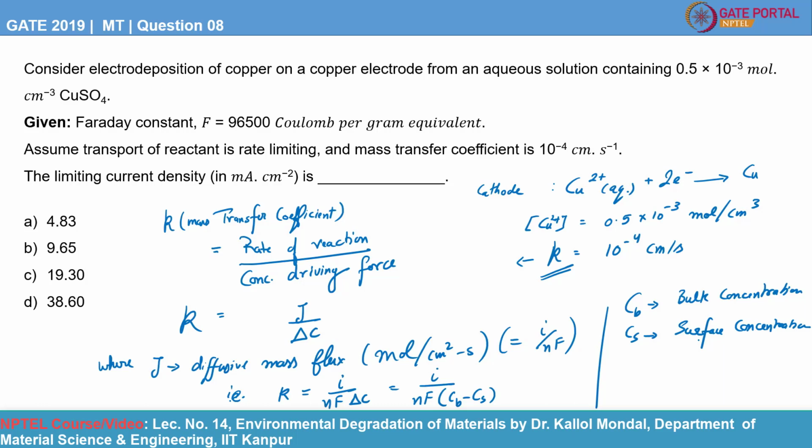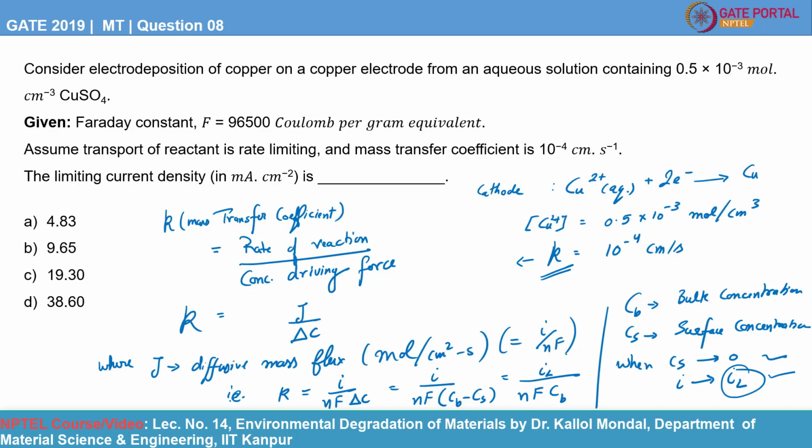So when Cs becomes 0, the current density becomes limiting current density. That is by the very definition of limiting current density. Okay, so this expression is simplified as I upon NF Cb, because Cs is 0 and this I is replaced by limiting current density.